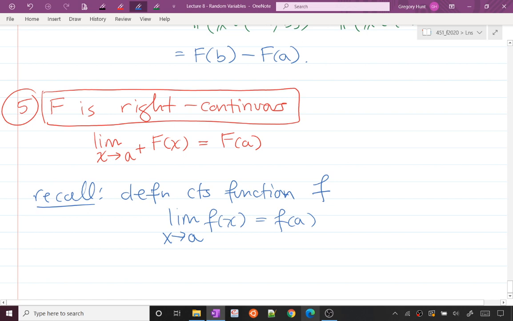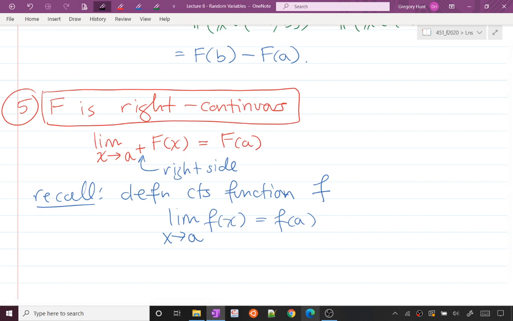Right continuous just means only a one-sided limit has to be equal, whereas continuity needs the limit from both sides to be equal. So that's what we call right continuous.